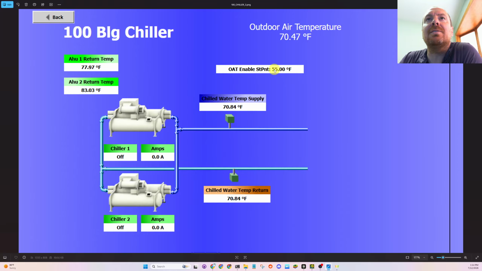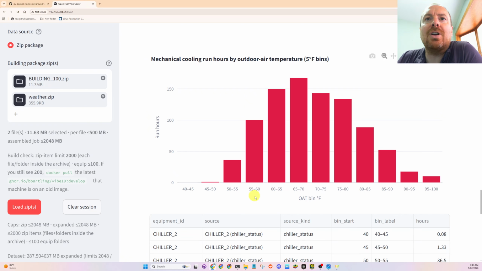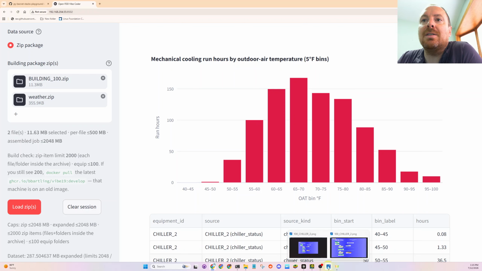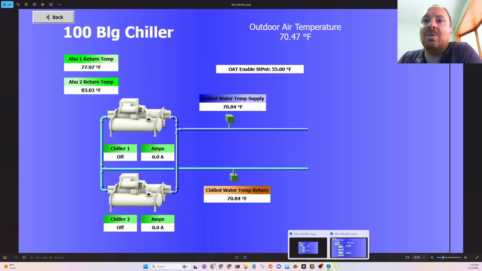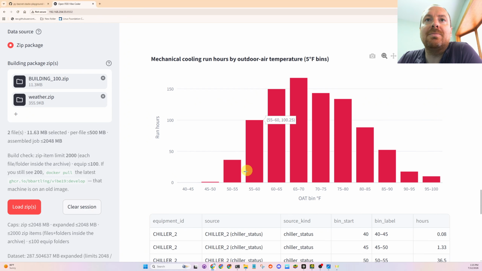So here at least the outside air enable set point is 55. That's pretty standard. What I was hoping for in this chart is, if you set this to 60, this would be the set point right here. If the chiller system was set to enable at 60, and then it was locked in like that, we would see that data here.